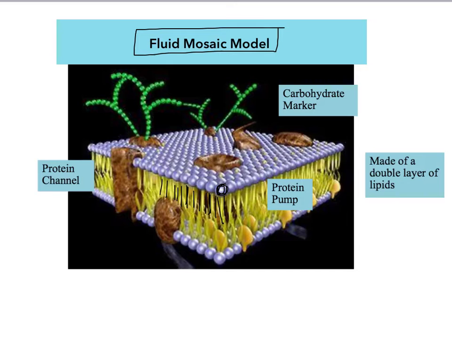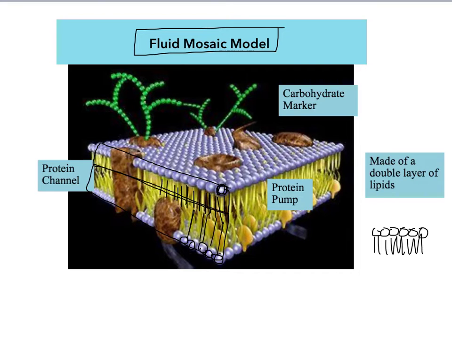And you'll notice we don't just have one layer here of fatty acids, we have another layer that's upside down right here. So here's all the heads stacked right next to each other, and here's the tails. If you're drawing yourself a picture of this for your notes, you can draw one row facing this way with all their tails inside, and then another row facing this way with all their tails inside.